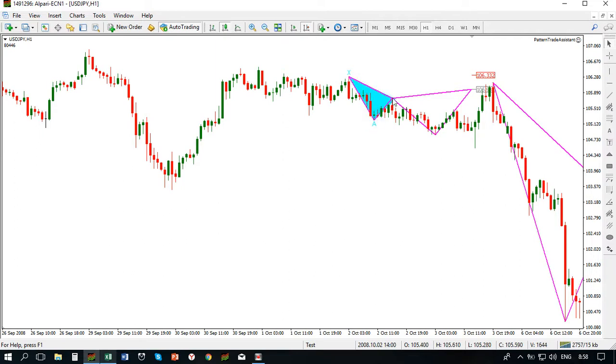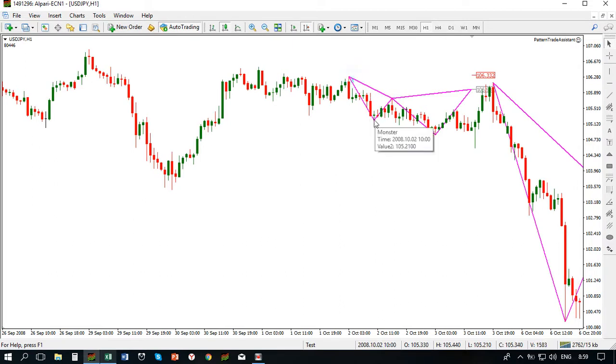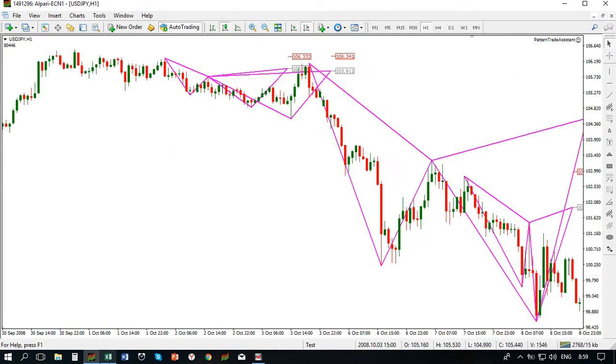X to A to B. Oh, it moved. X to, it moved once again. X to A to B to C and D. Yes, it was valid, so it was a winner.